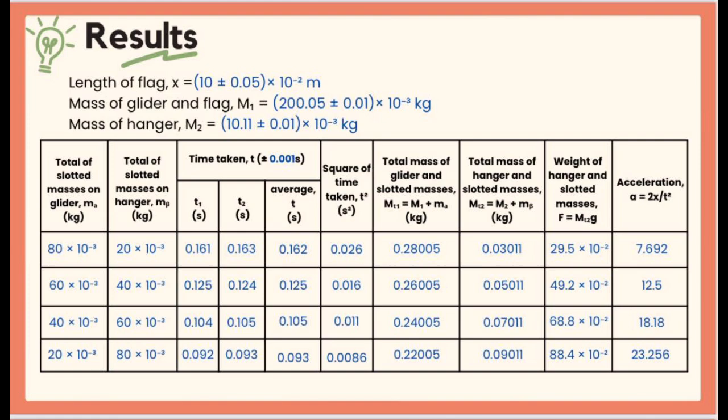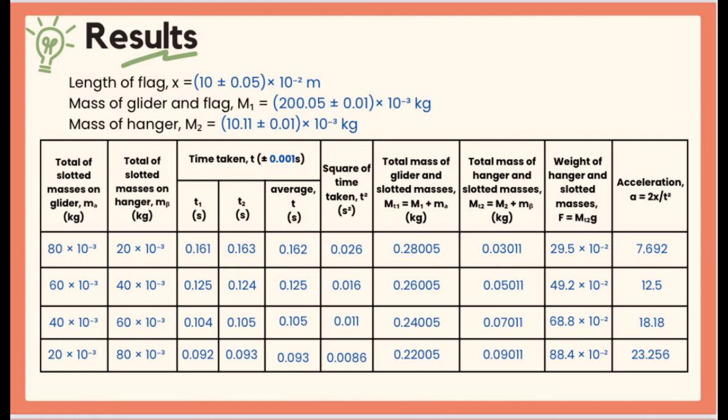So T1 is 0.161, 0.125, 0.104, 0.092, and T2 is 0.136, 0.124, 0.105, 0.093.